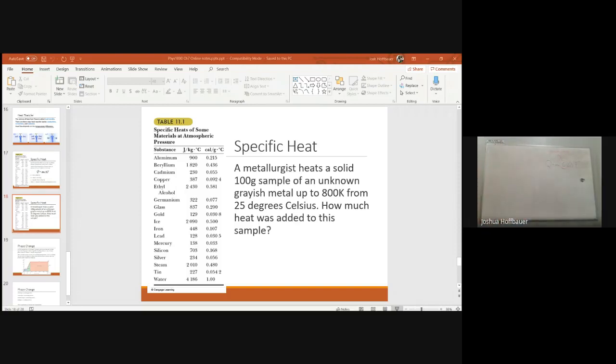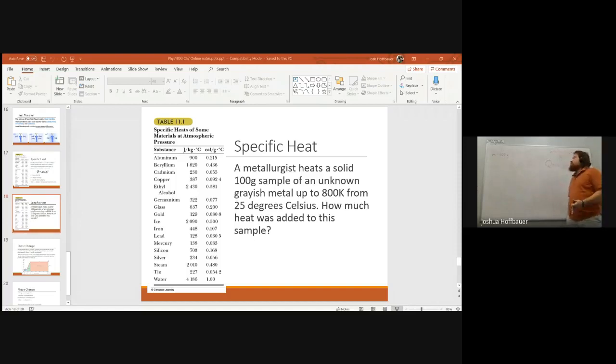So in this specific case, a metallurgist is heating up a sample that has a mass of 100 grams. This metal is grayish, and the variable that I left out is actually what the material is made of.